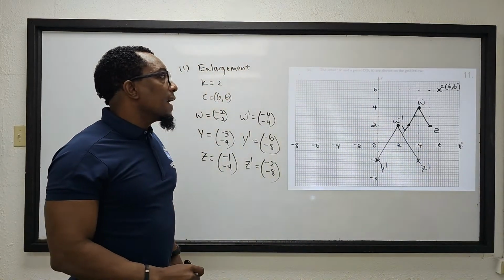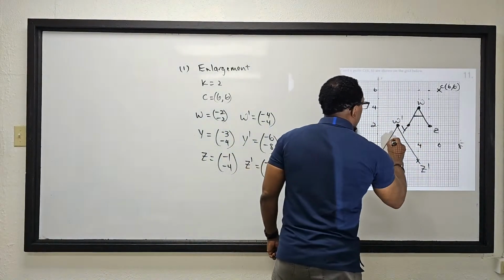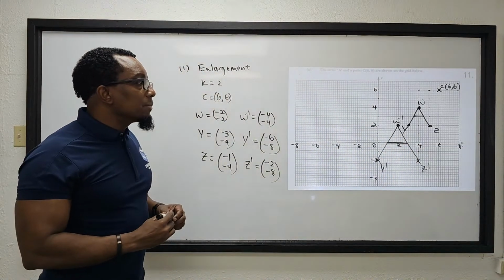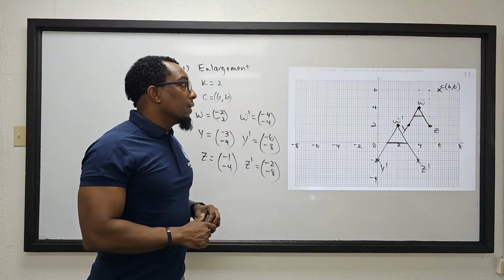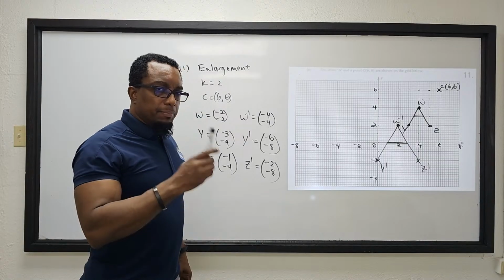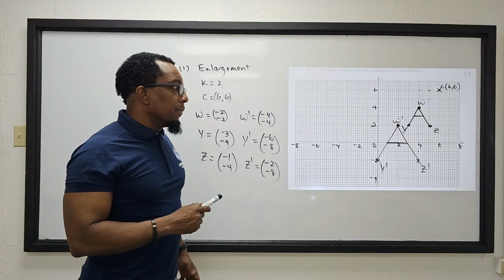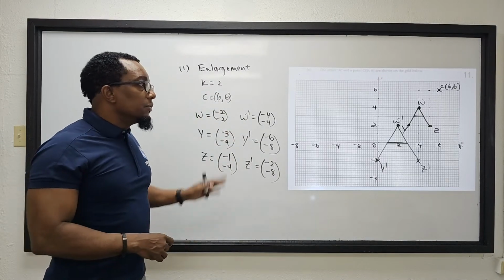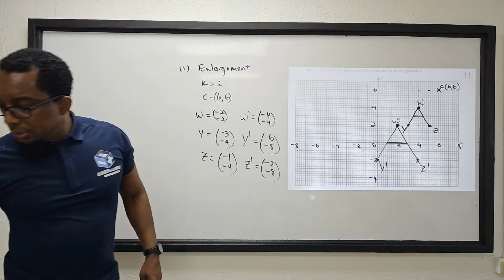Okay? And this will be an enlargement of your capital E, which I've labeled in terms of vertices W, Y, Z. So this is W prime, Y prime, Z prime. Yeah? Using this process of translation.